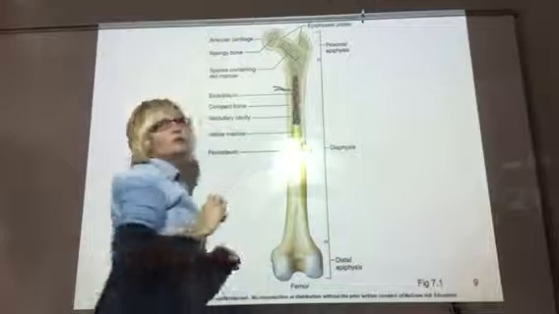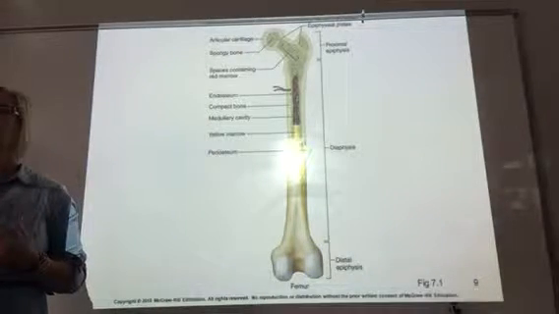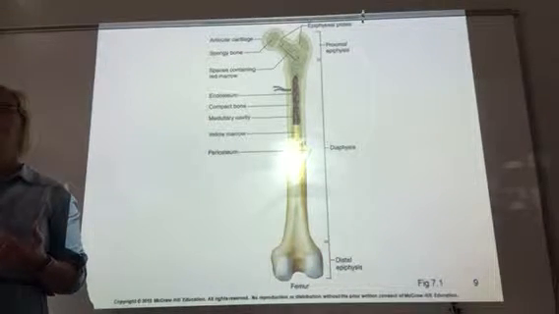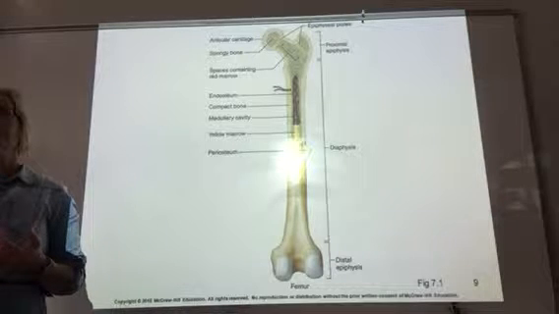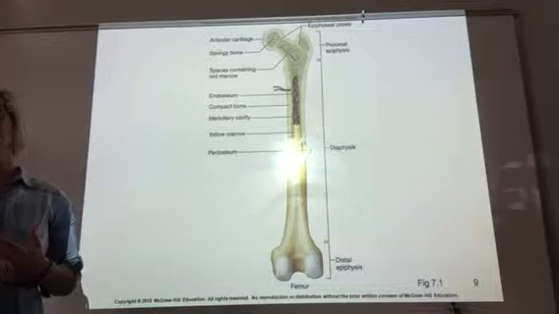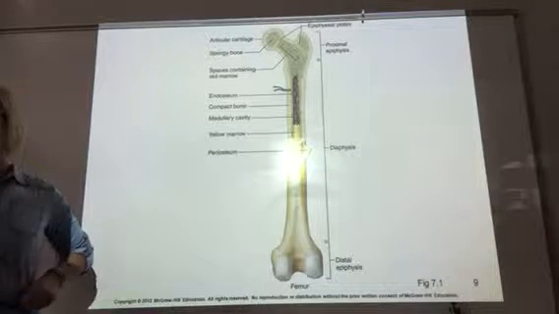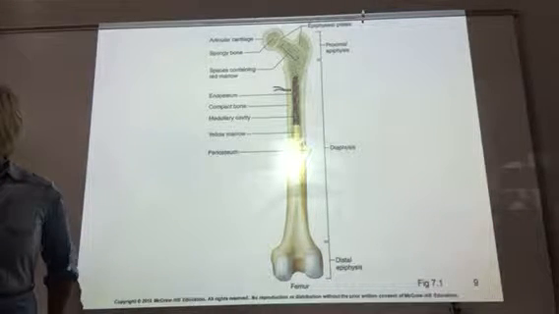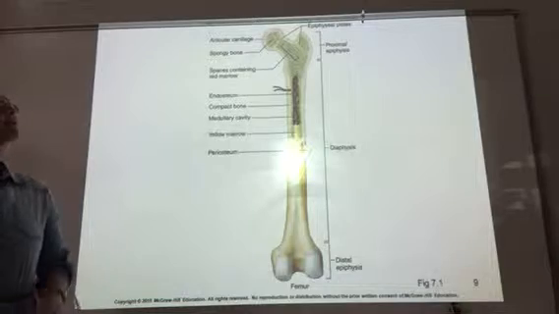At the ends of your long bones, those are your growth plates. So an epiphyseal plate is the scientific name for your growth plate. If those are injured before you're an adult, that can stunt the growth of that bone.